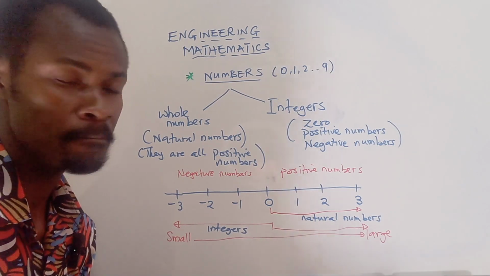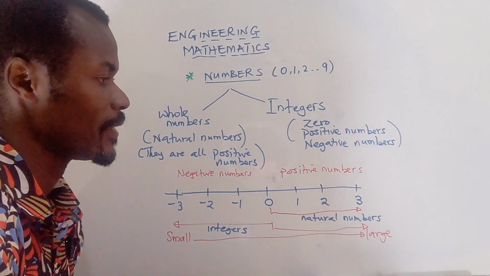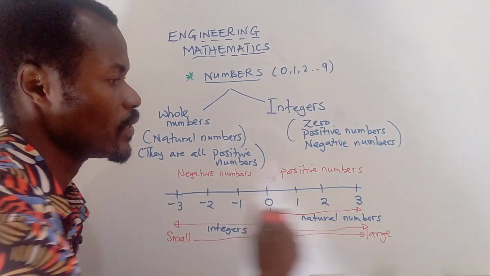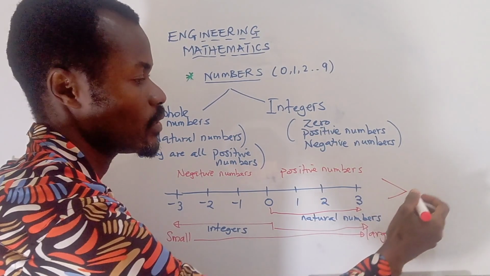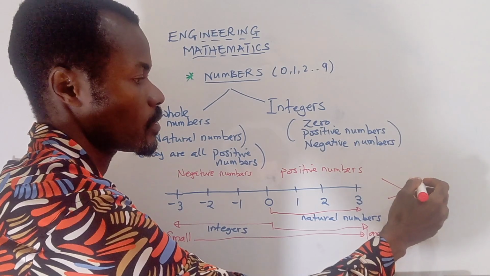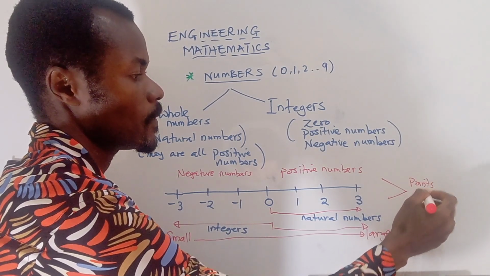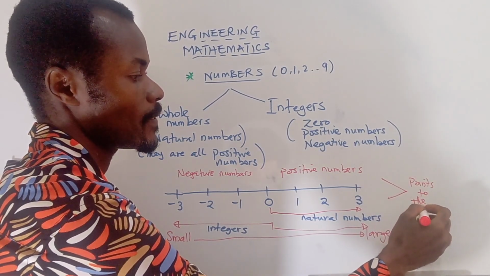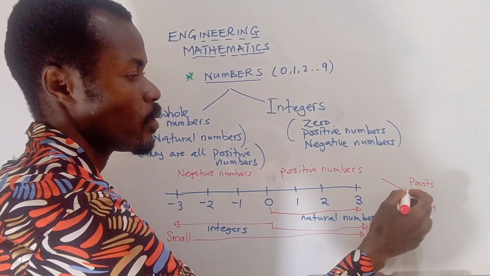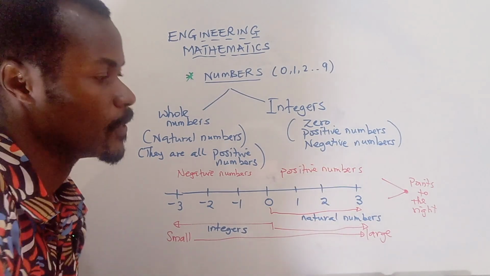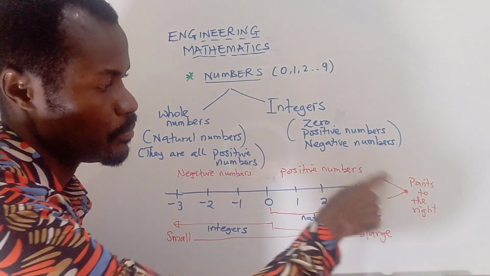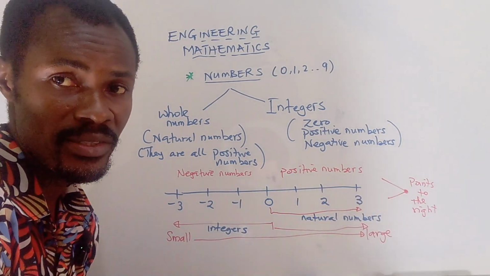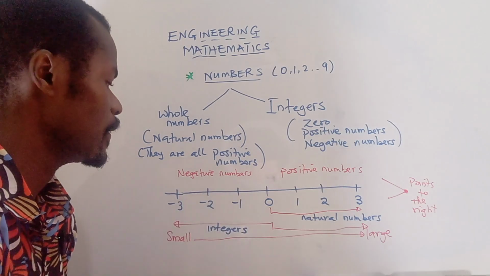Now, if we are moving to the right, the numbers to the right, we use this sign, which points to the right. So numbers to the right, using an arrow pointing to the right, are always greater than numbers to the left.